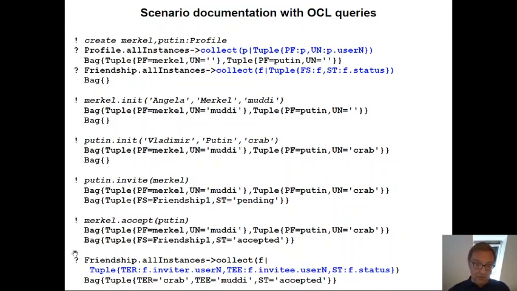When you issue this query in the last state, you would get here crab is the username of the inviter, Mudi is the username of the invitee, and the status of the friendship is accepted. The ter and the tee refer here to the inviter and to the invitee.